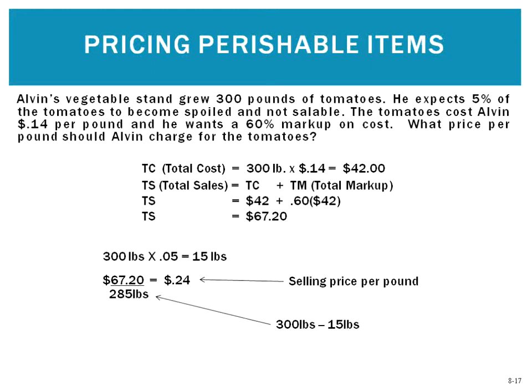So now he has his total selling price, which is 67.2, divided by 285, and so he gets price per pound. Okay, so now he knows that in order to get his markup of 60%, he needs to sell each pound for 24 cents per pound, and the cost was 14 cents per pound.